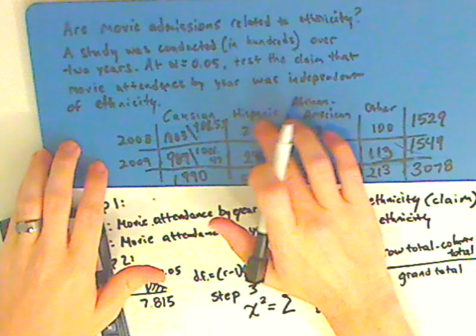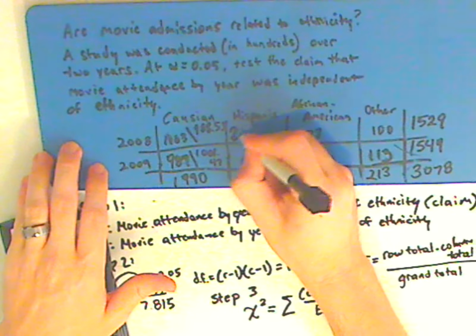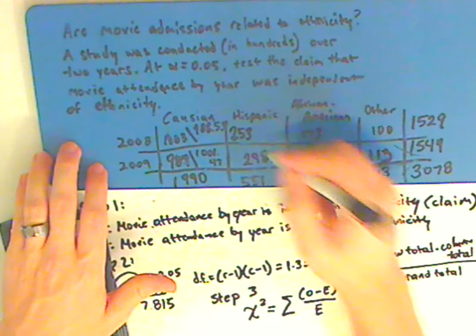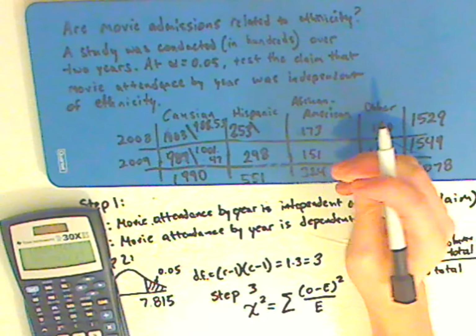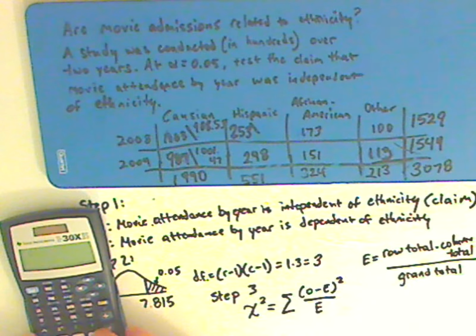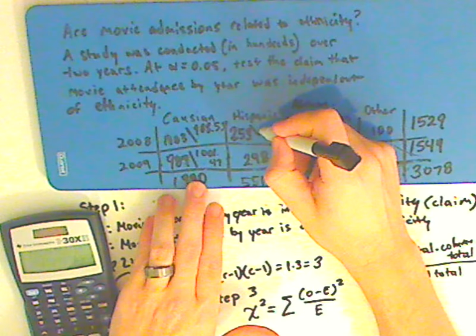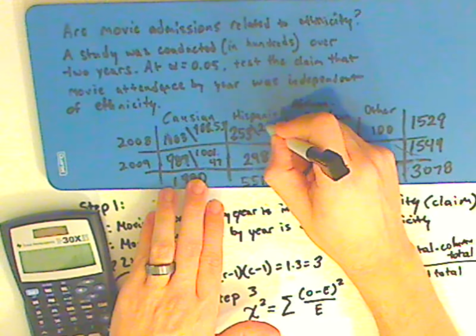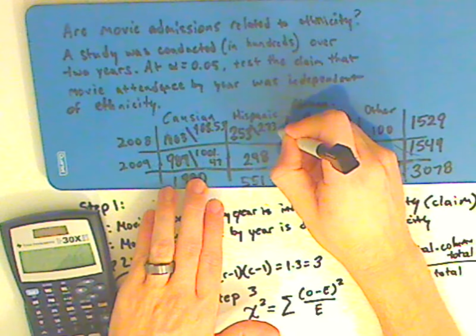This is 253, and the expected value is 1529 times 551 divided by 3078, which gives me 273.71.